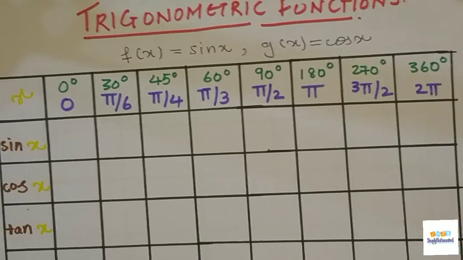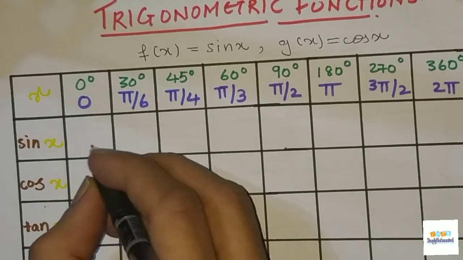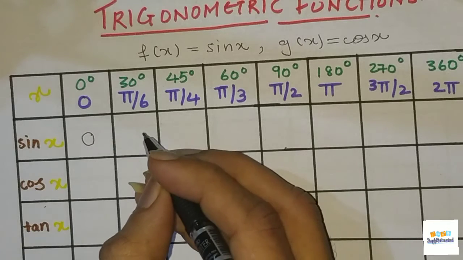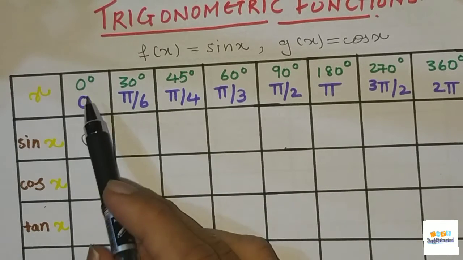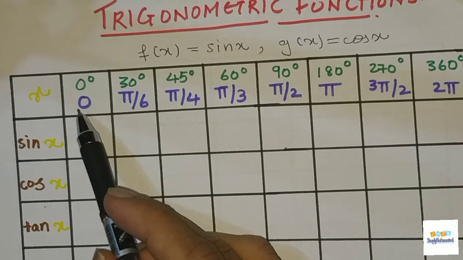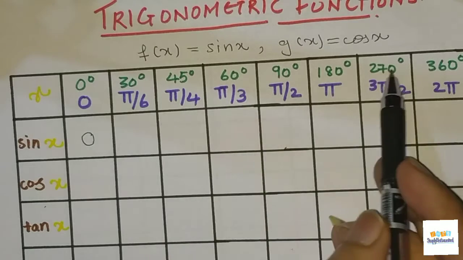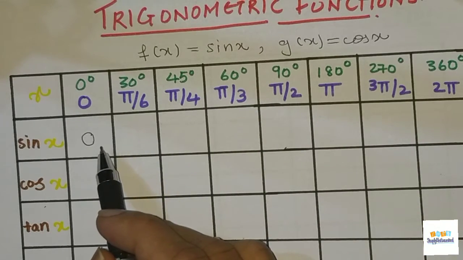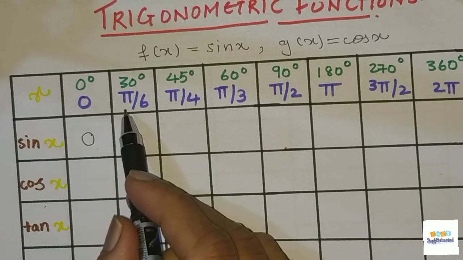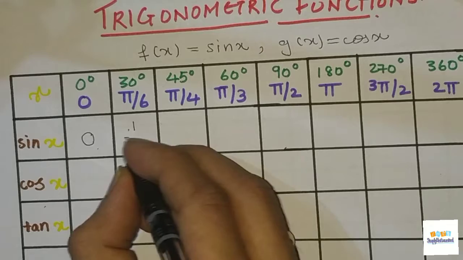Now what is sine of 0? Sine of 0 is 0. I have written the radian measures in purple color, and the degree measures in green color. So sine of 0 is 0, sine of pi by 6, that is sine of 30, is half.